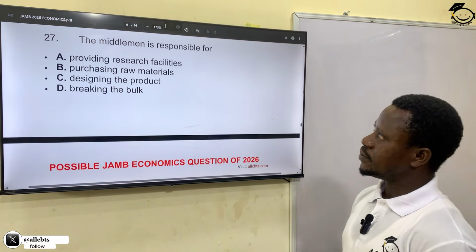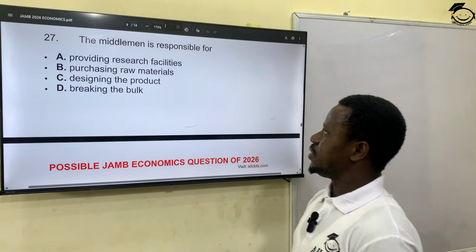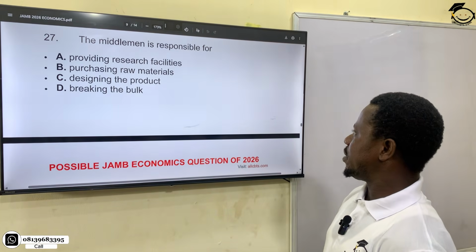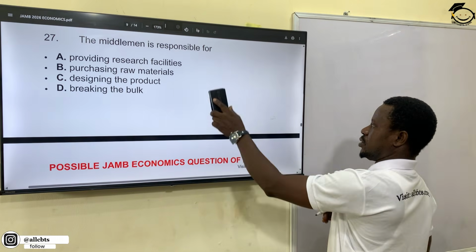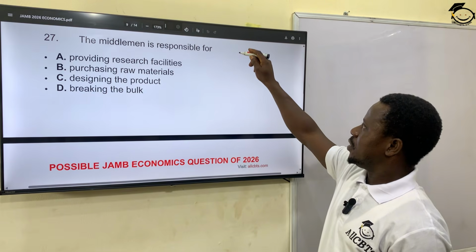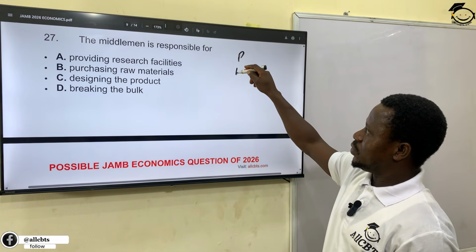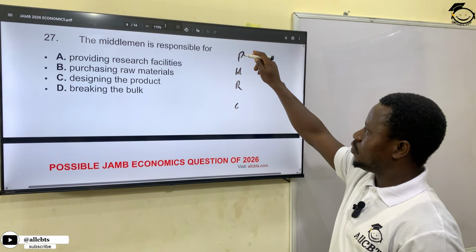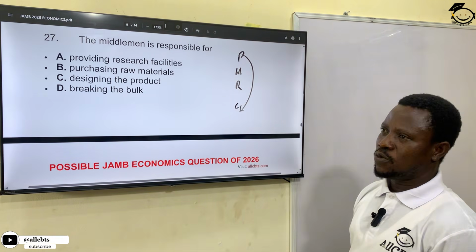The middleman is responsible for, who are the middlemen? This is talking about the channel of distribution. In the channel of distribution in the economy, we have the producer, the wholesaler, the retailer, and finally the consumer. The goods move from the producer to the final user, who is the consumer.